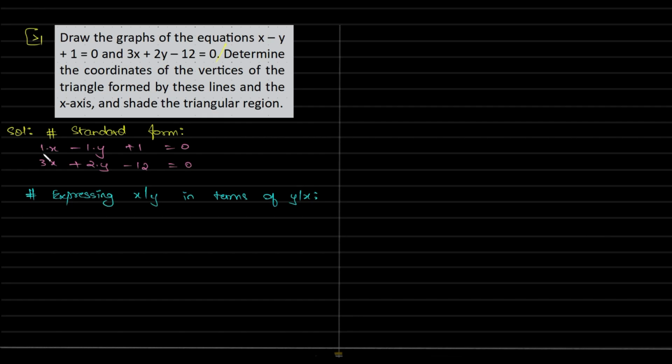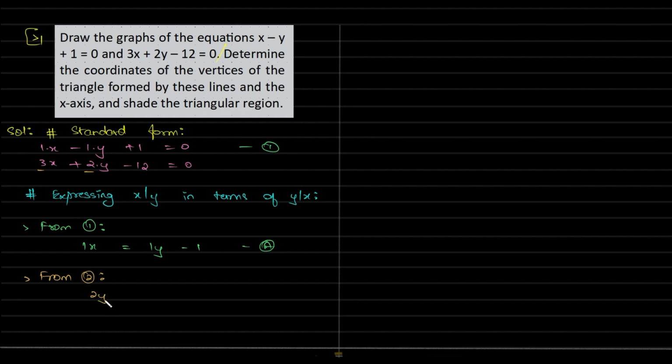So in equation 1 we have 1x minus 1y plus 1, so x being equal to y minus 1 is a good way to express it. Next, between equations 2 and 3, I'll go with 2.